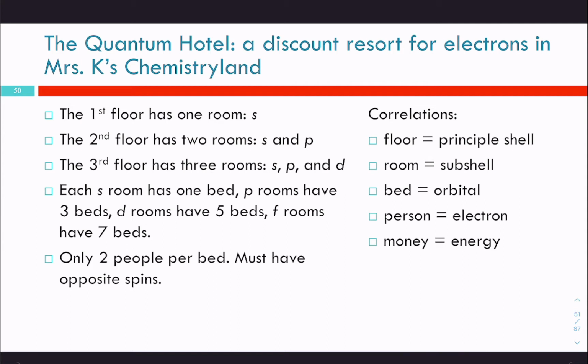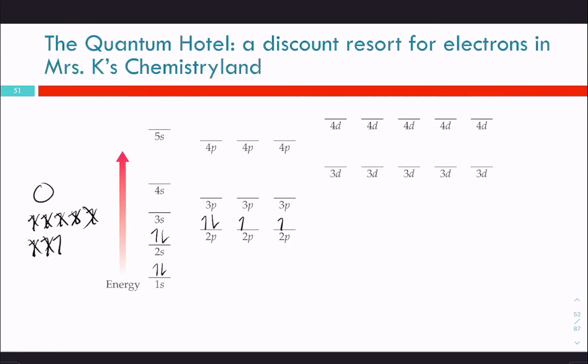So the s rooms only have a single bed, and you can put 2 people per bed. The p rooms have 3 beds, and you can put, again, 2 people in each bed for a total of 6 electrons. But they're going to fill each of those beds one at a time first before they have to share.